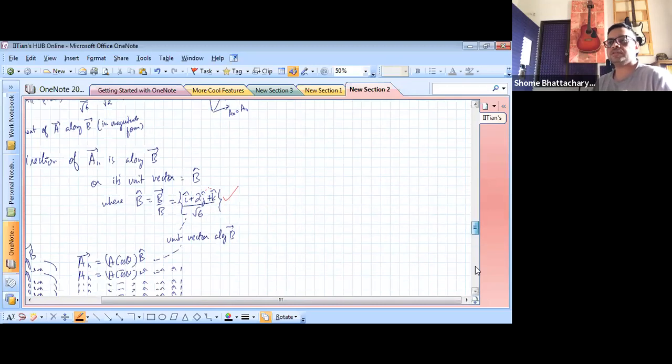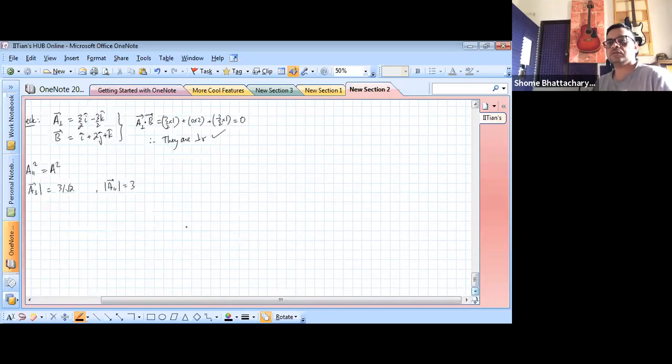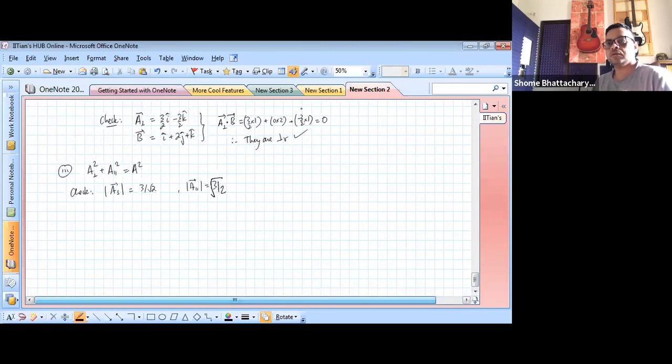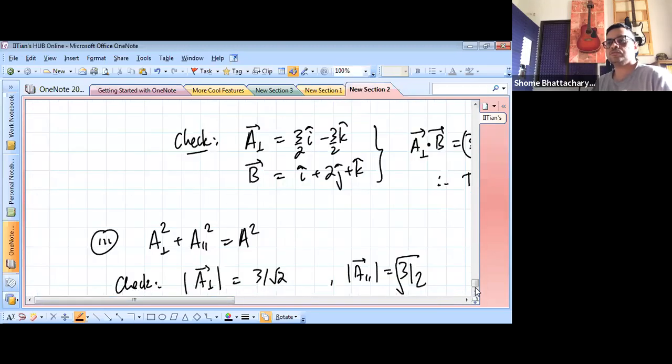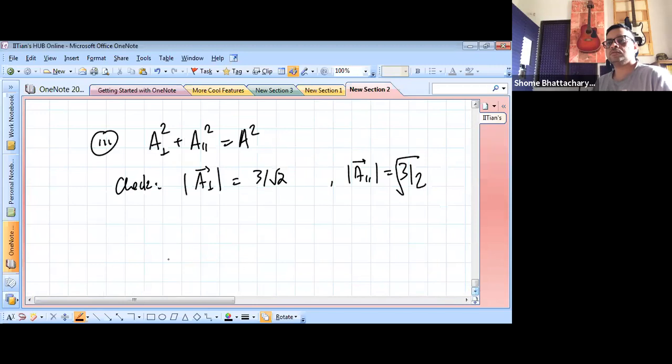So let's just check. This was root 3 by 2. So now, therefore, a perpendicular square plus a parallel square is 3 by root 2 whole square plus root 3 by 2 whole square.